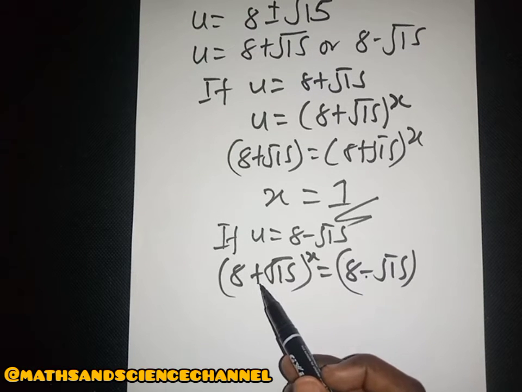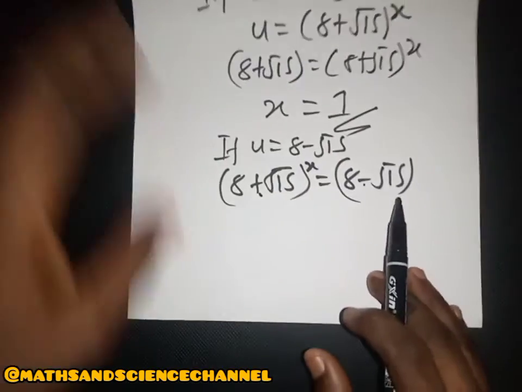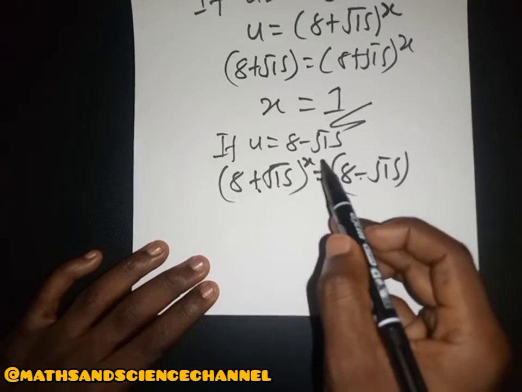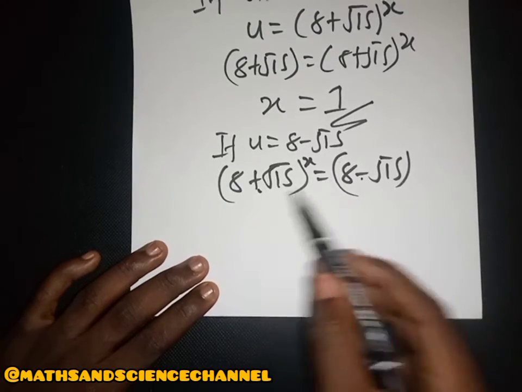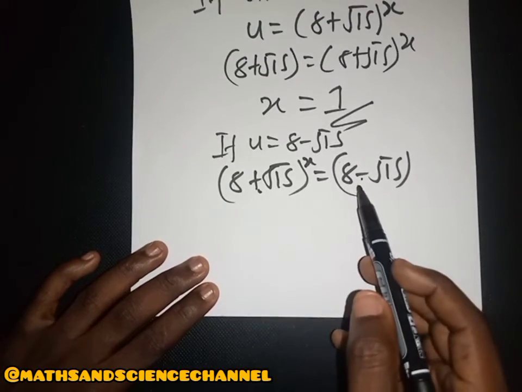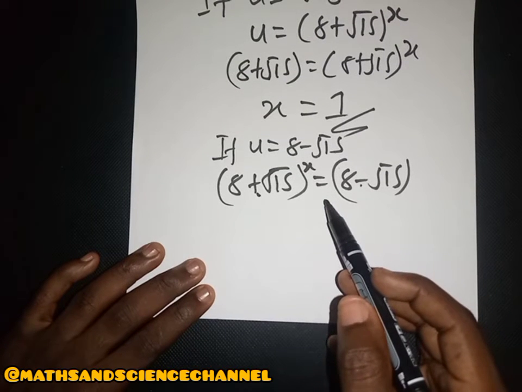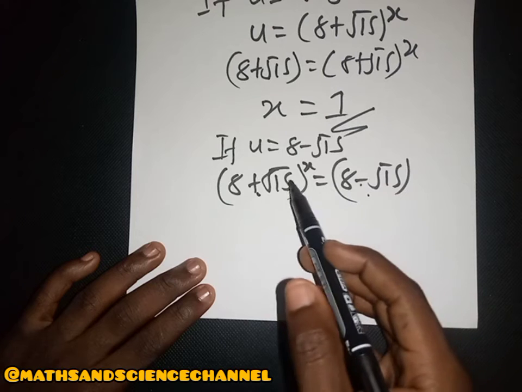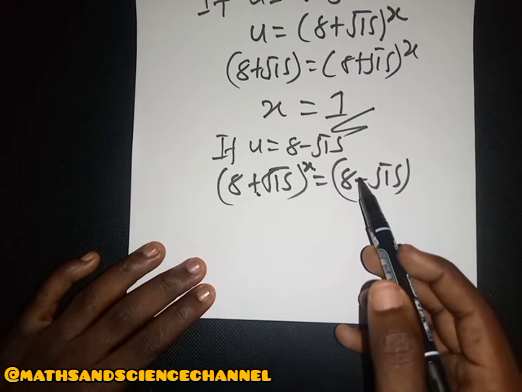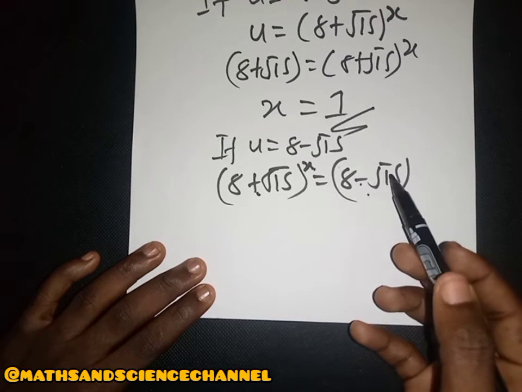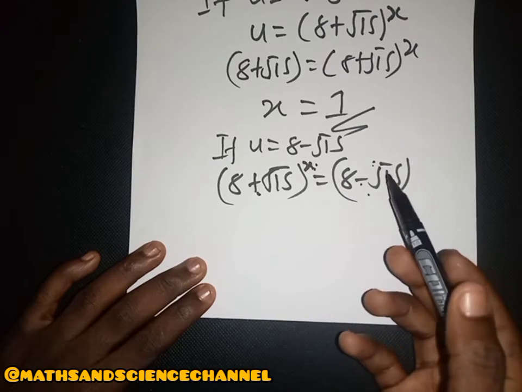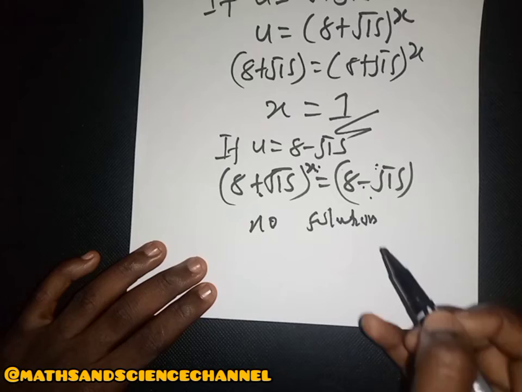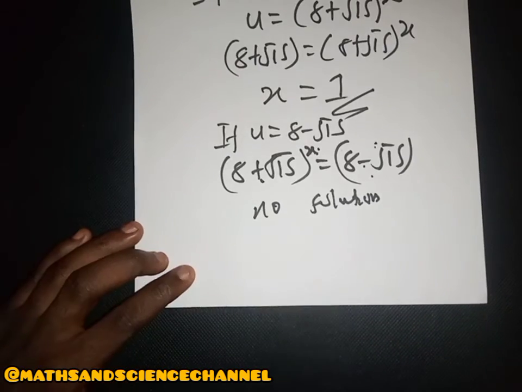So from here, since the bases are not the same, as you can see the bases are not the same, we won't have any solution in this case. So we state that there is no solution in this case, right?